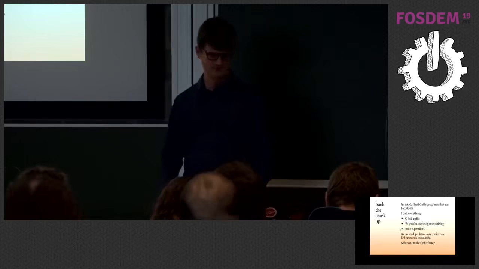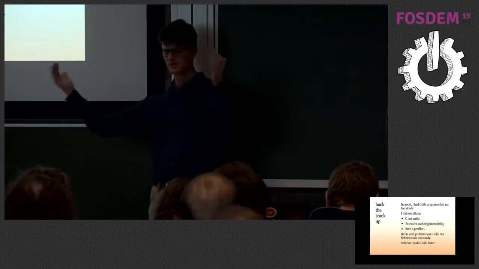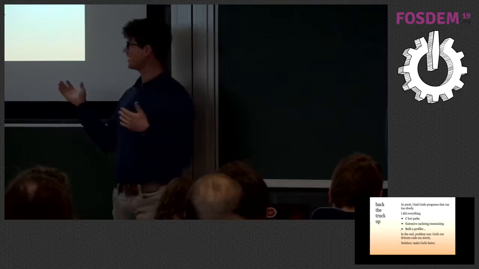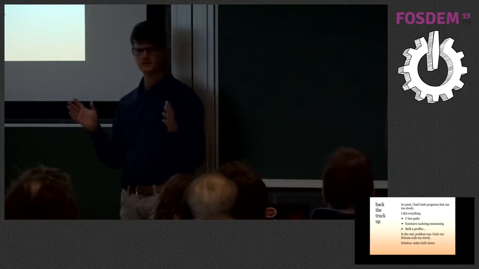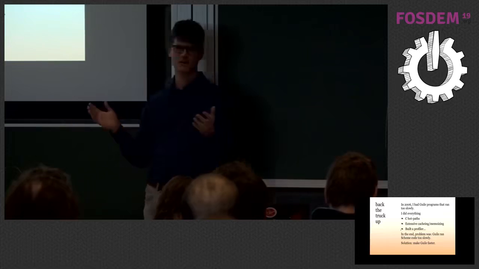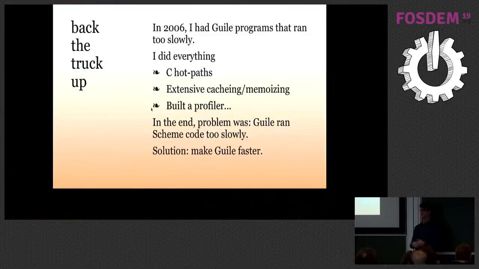And how do we do that? And how are we here? So I didn't study computer science. I just had Guile programs that were running slow. And this is around 2006. I had audio synthesizers and different stuff, and I looked into it, and I tried everything. I would cache results, be very lazy about computing stuff, and just see if I needed to do particular things.